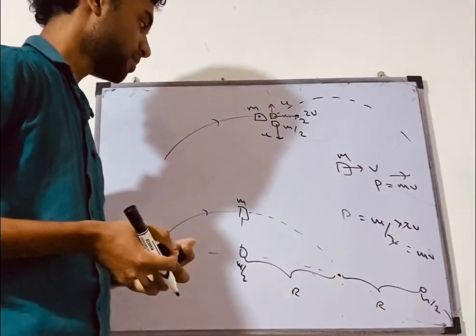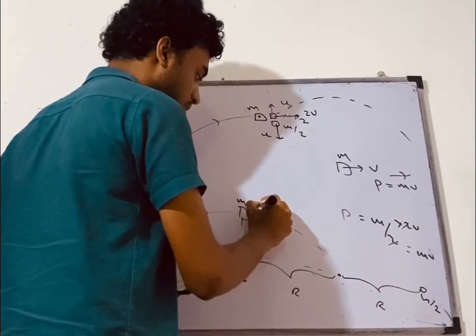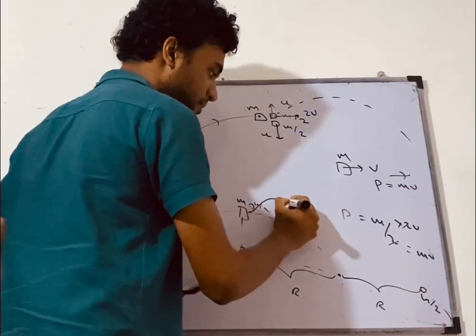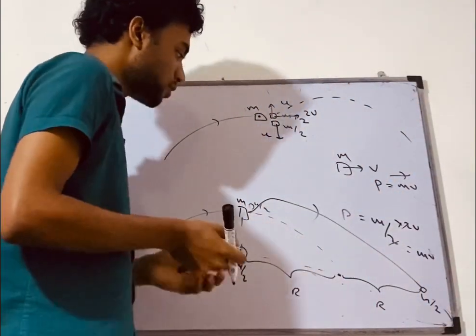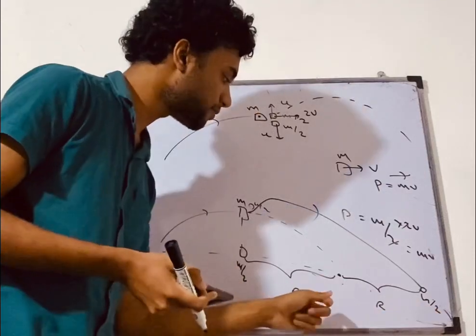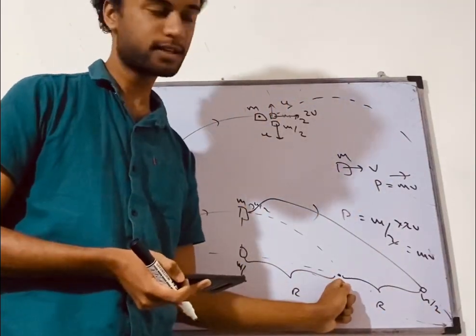Is that clear? So then, can you understand this mass of m over 2 has followed a path like this and then come here? Because if it follows a path like this and comes here, only I can find the center of gravity here. Because I need to find the center of gravity here definitely.